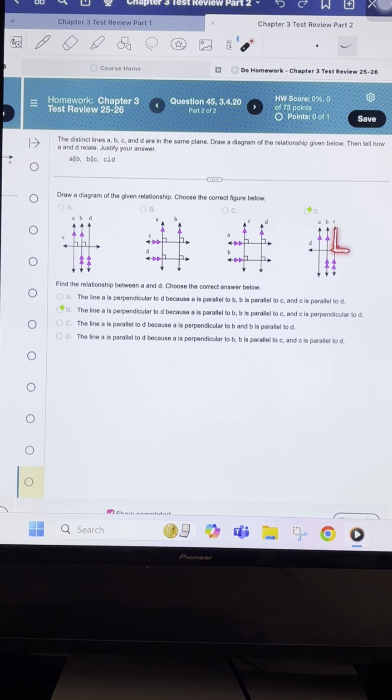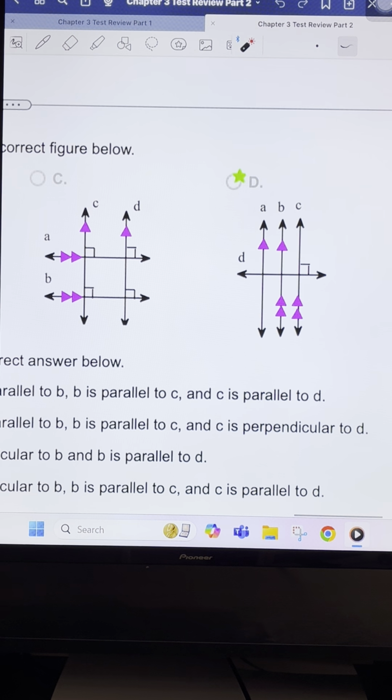Now, A is parallel to B, B is parallel to C, and C is perpendicular to D. Well, if these two are parallel, and these two are also parallel, then that means everything is parallel to each other.